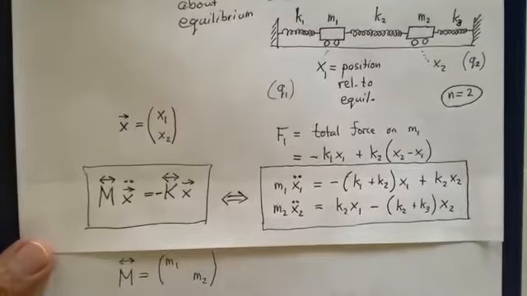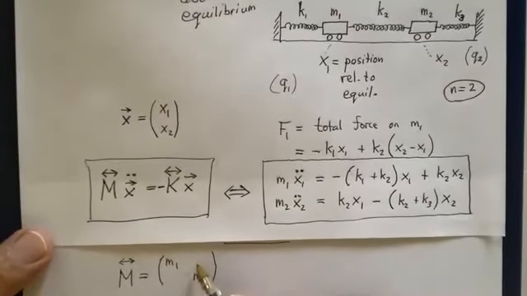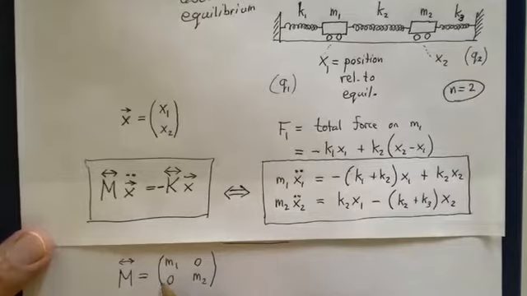For this problem, the mass matrix is diagonal, and we have exhibited the two diagonal elements here. For extra clarity, we can write the zeros. This is what it means to be a diagonal matrix.